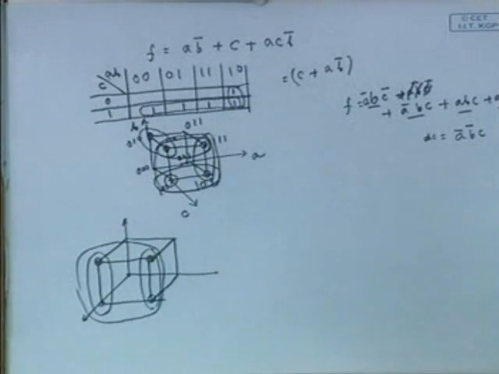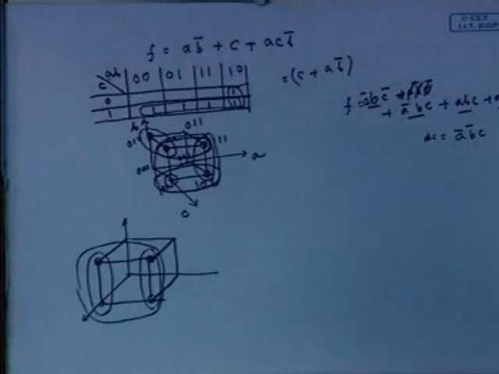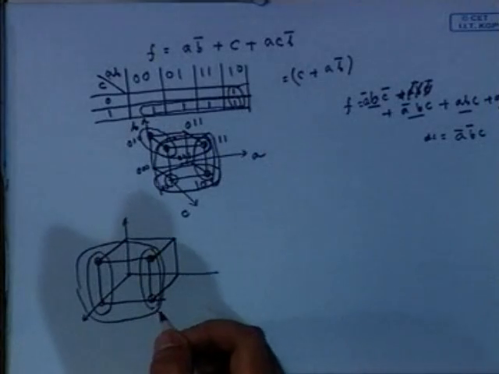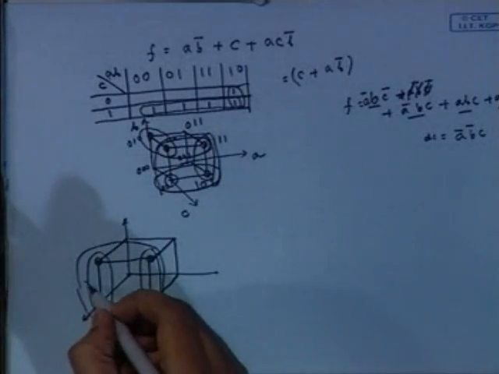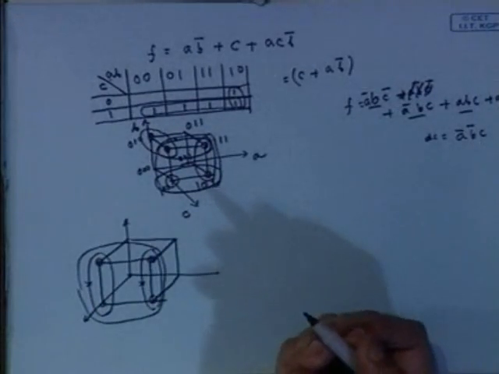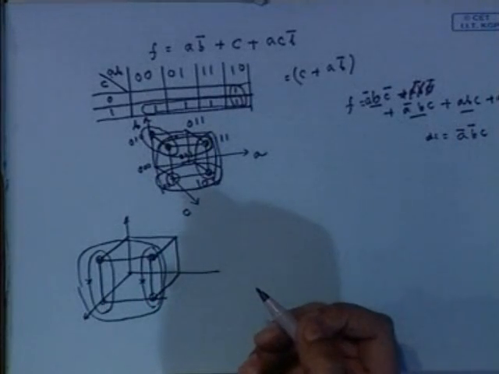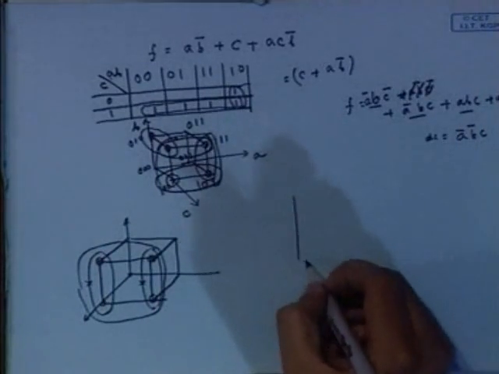Now in the irredundant state, after expanding, you see that some cubes are redundant. You just remove those cubes. Suppose here this cube is redundant, this cube is redundant. You just remove those.